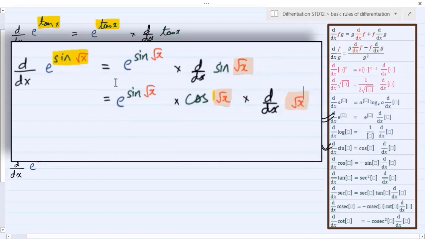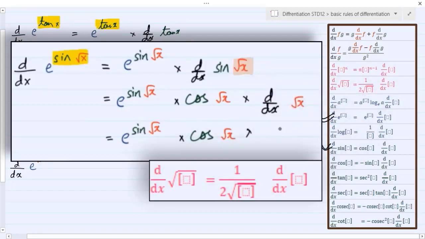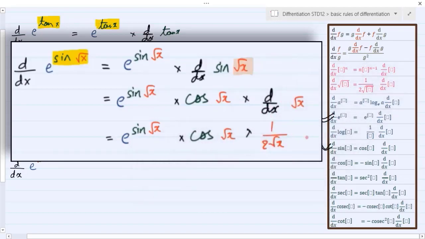So now your e raised to sine root x and cos root x will be as it is, and we just have to differentiate root x, which is nothing but 1 upon 2 root x. So tada, this is your final answer.